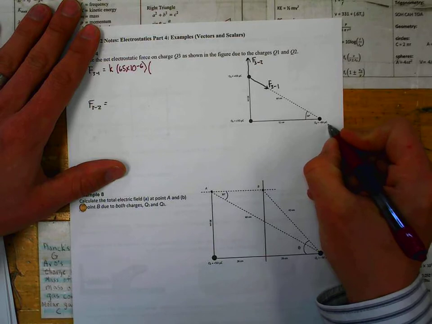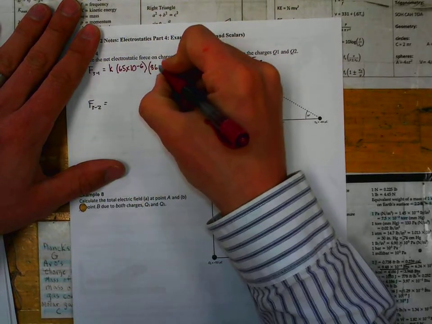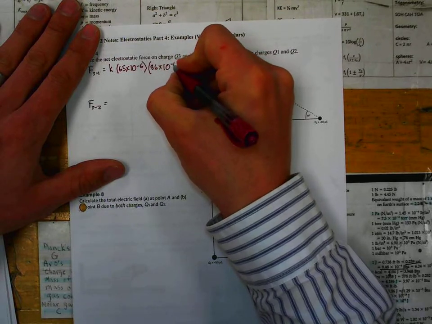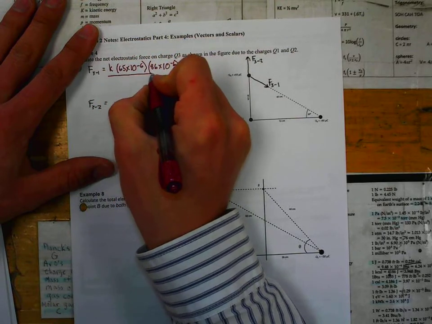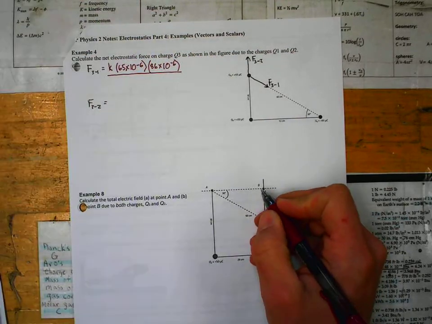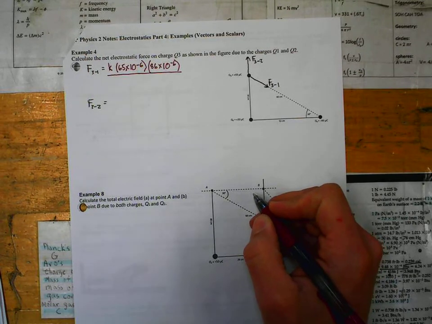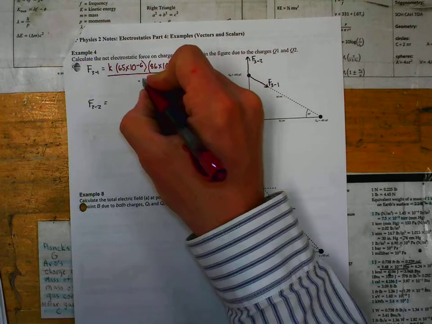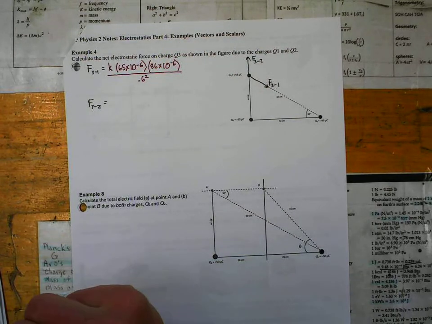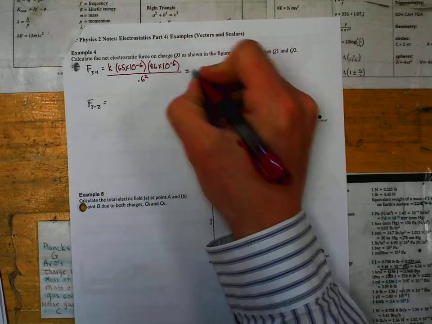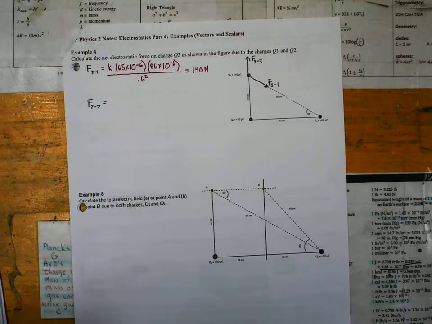I got a -86 microcoulombs, so I'll just write an 86 times 10 to the -6. Then I've got to divide by r squared. Alright, and so this radius is 0.6 meters. Make sure you convert to meters from centimeters, and you'll get an answer equal to 140 newtons if you punch that into your calculator correctly.